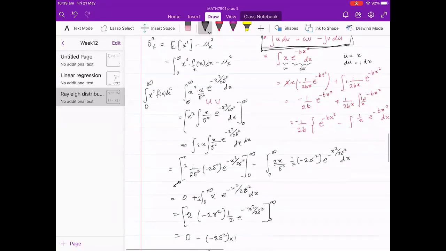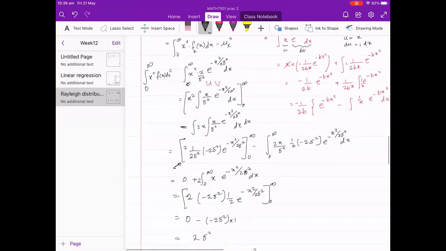Simplifying and taking the limit as x goes to infinity, that part is 0.